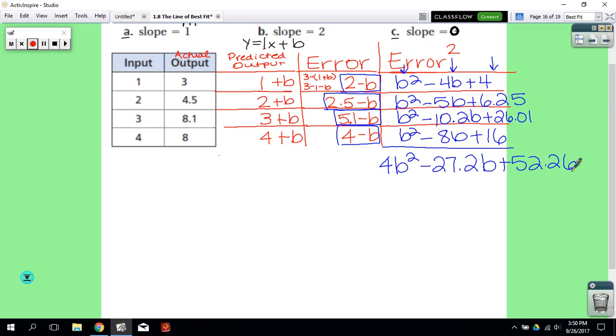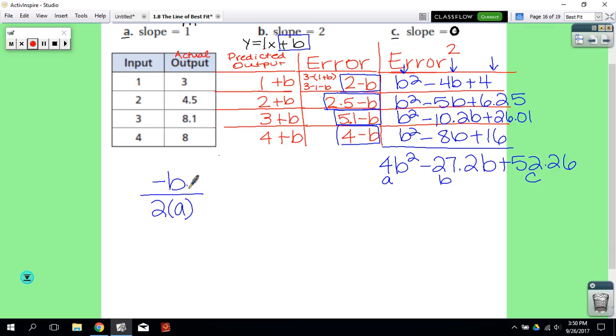Okay, so the way that we get the b, remember, this is what we're looking for, is we have our formula for the b, which is negative b, so it's the opposite of the b here, divided by 2 times a. So remember when we have quadratics, this is the a, this is the b, this is the c. So our b in this case is negative 27.2.